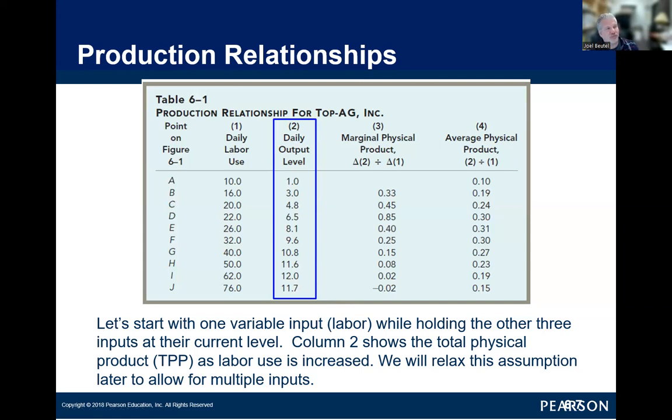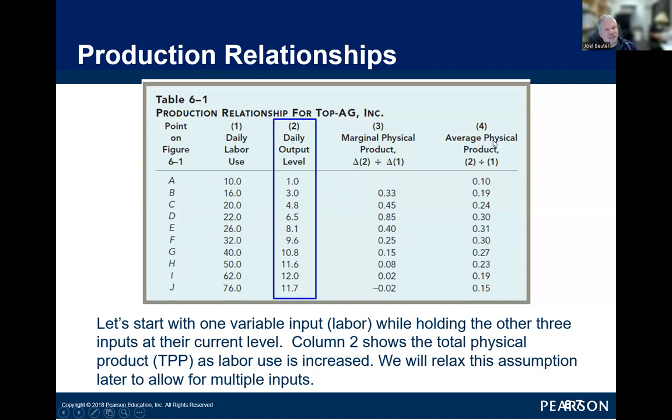Marginal is just a change from one point to the next. In this example, we're moving more than one. And sometimes traditionally in textbooks, they might say, look, everything in column 1 is just 1. So your labor use would be 1, 2, 3, 4. Well, then it's just the change in here divided by 1, right? But I actually like the book doing it this way.